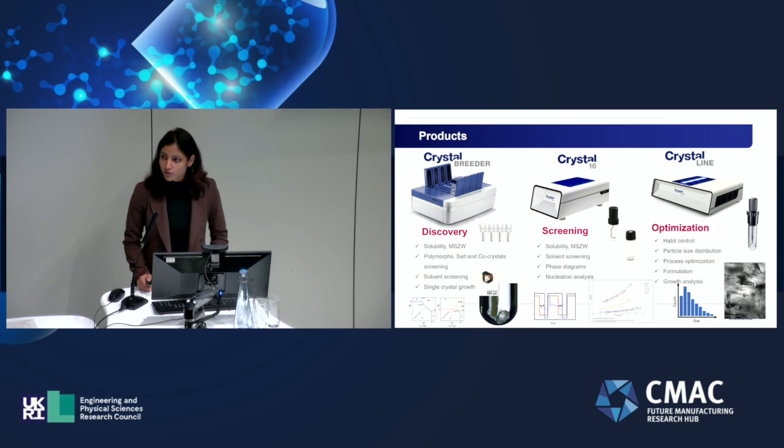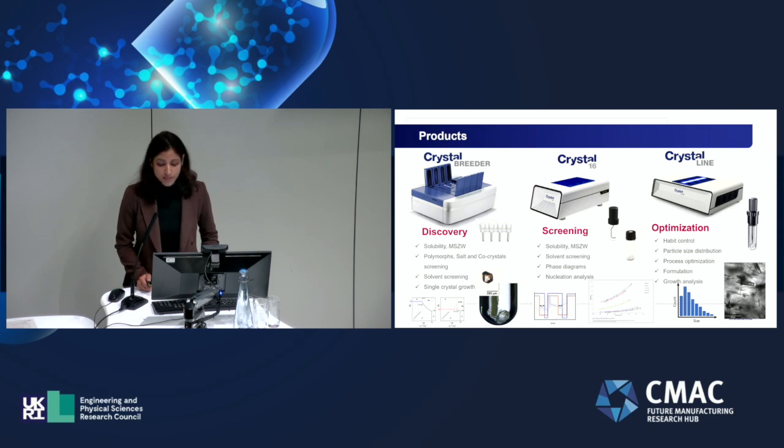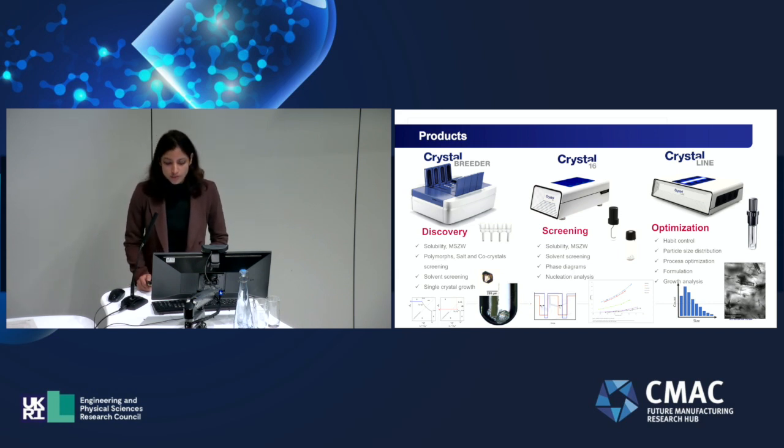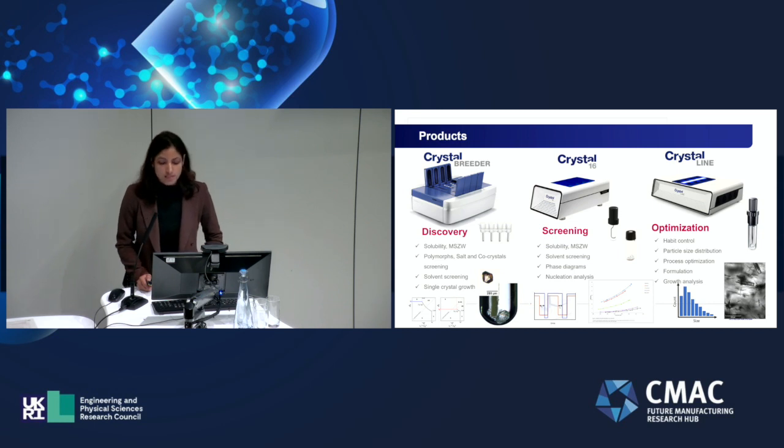Then Crystalline is for the optimization of process, where you can vary different operating parameters like crystallization mode, cooling, evaporation, anti-solvent, and seeding. Different types of stirrers can be varied and then optimized. Along with measuring the temperature and transmissivity, Crystalline captures real-time images, so it has unique application in crystal habit control, particle size distribution, process optimization, formulation, and crystal growth rate analysis.